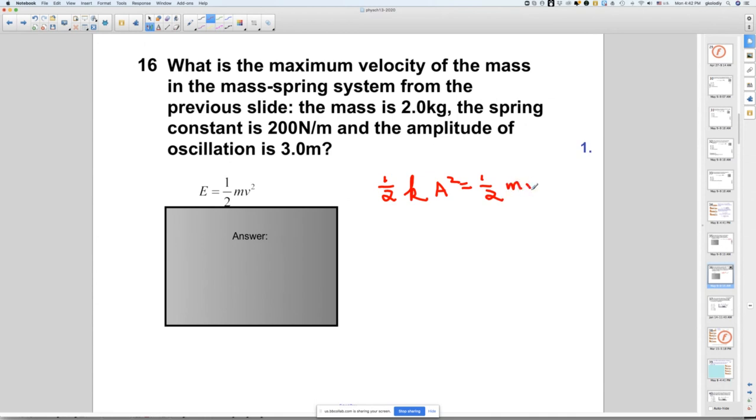We're searching for v here. The maximum velocity occurs right when x equals 0, and that's why this is true.